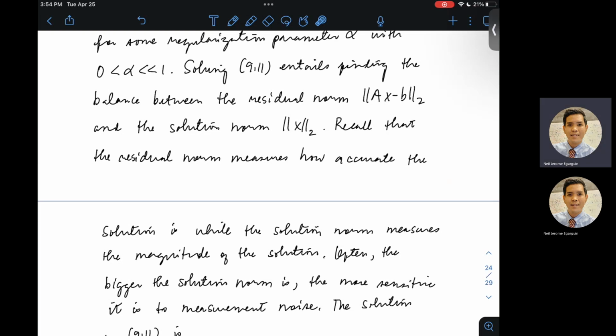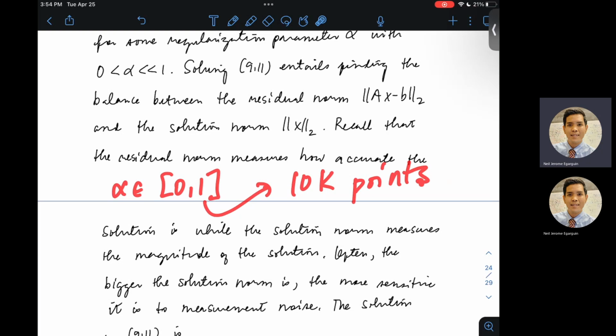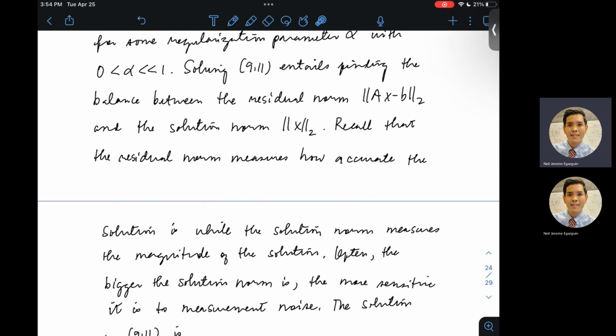So essentially you'll get some candidate alphas. You start from the interval 0, 1, and then we choose, say, 10,000 possible alpha values between 0 and 1. If you can afford using more alphas, say a million alphas, then you can do so.